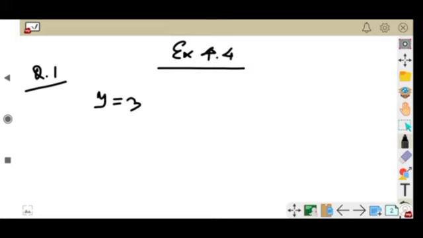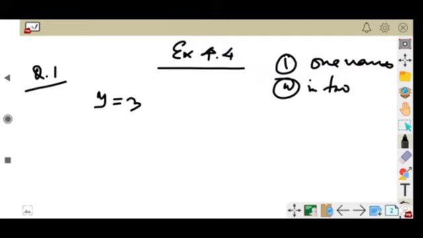Graphical representation of y equal to 3 in one variable and in two variables. The first question is in one variable, the second is in two variables. First I'll do it for one variable. For one variable, you'll just draw a number line.